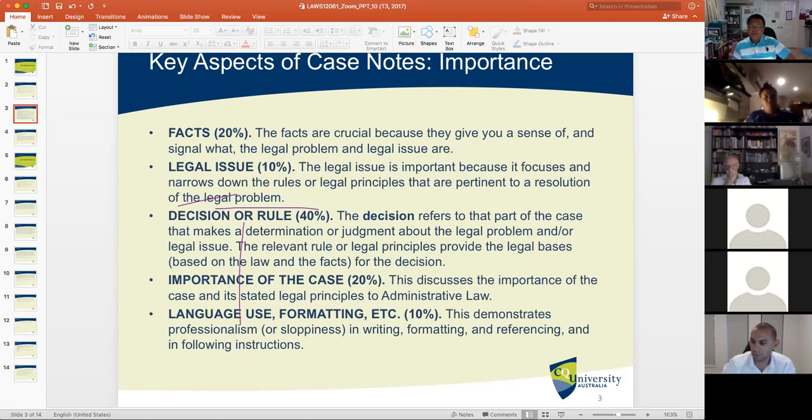That's 40%. Now, the importance of the case, we want to know, from the viewpoint of the student, why does the student think that the case is important from the viewpoint of administrative law? So that has to be articulated.